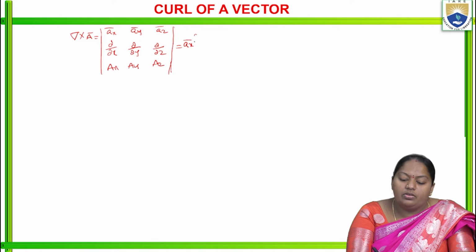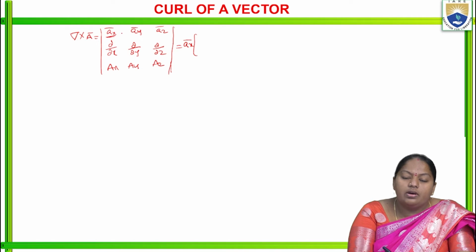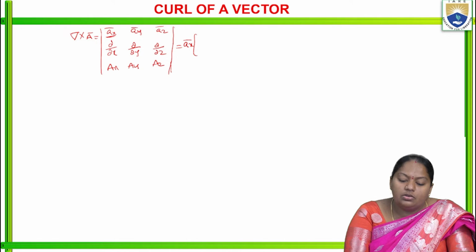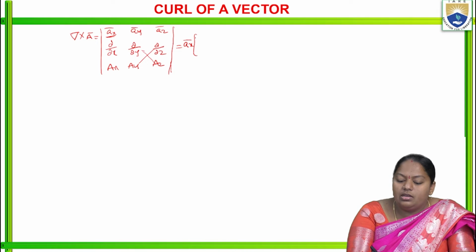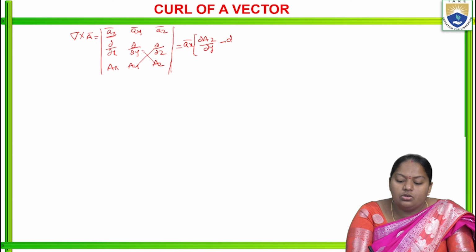First row, first column: ax bar is the unit vector into the determinant of the remaining entries. Then that determinant can be found as dou az by dou y minus dou ay by dou z.